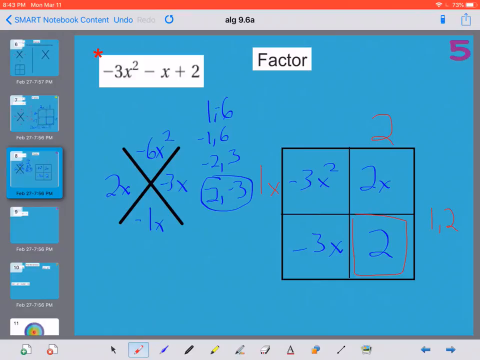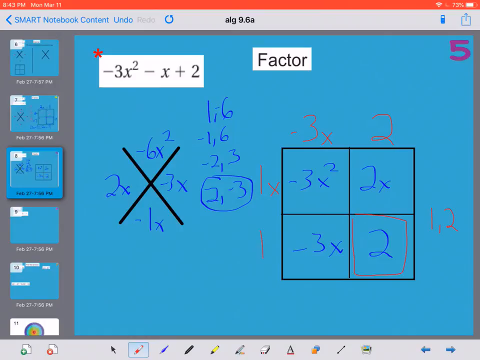So 1 times 2 is going to give us 2x. Here, we know that we are multiplying by negative 3x, because 1 times negative 3 is going to give us negative 3x squared. And then what times negative 3 is going to give us negative 3?